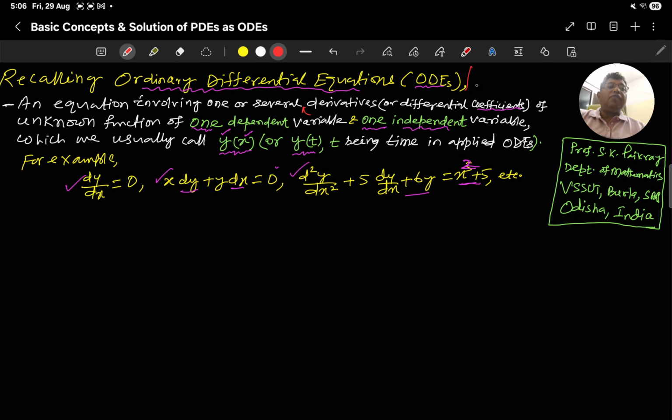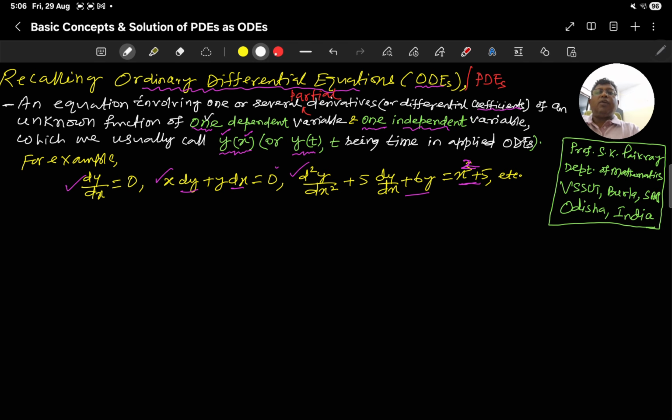Instead of derivative, we will write partial derivatives of an unknown function of one dependent variable.